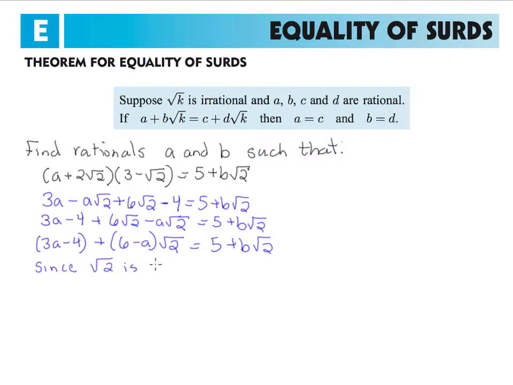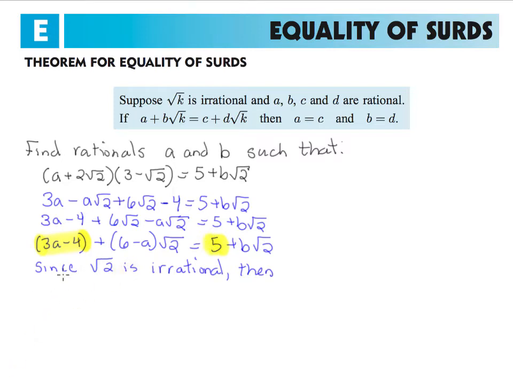Since the square root of 2 is irrational, I can make the following conclusion. I know that 3a minus 4, which is our constant on the left-hand side, is equal to that number 5.